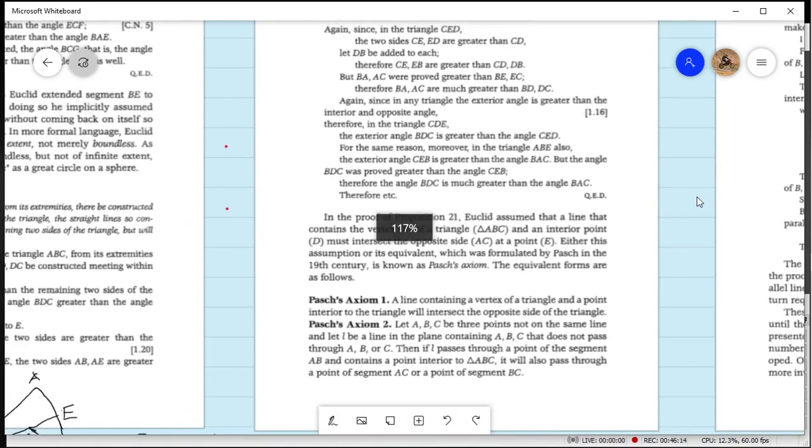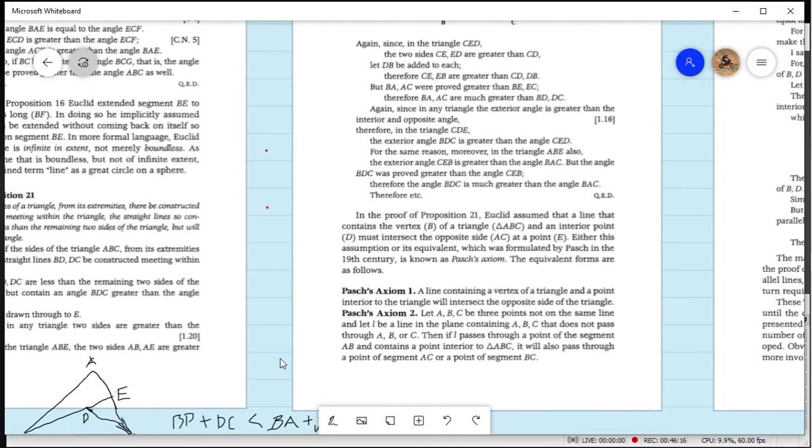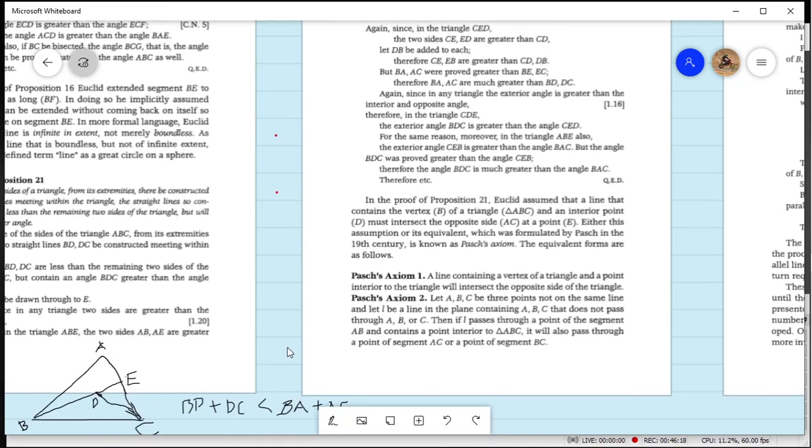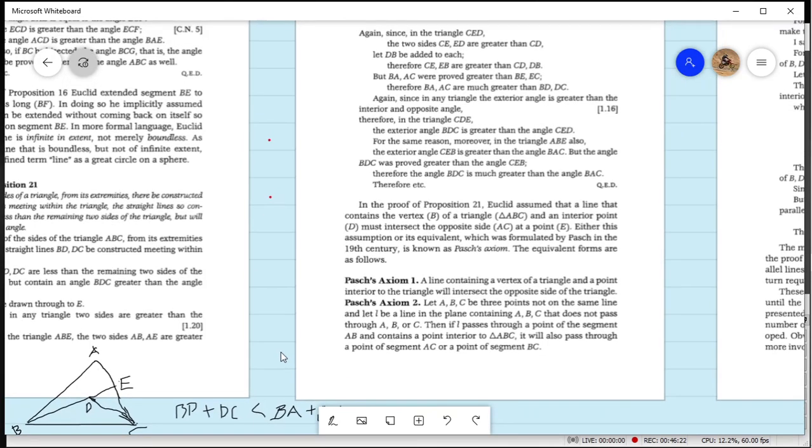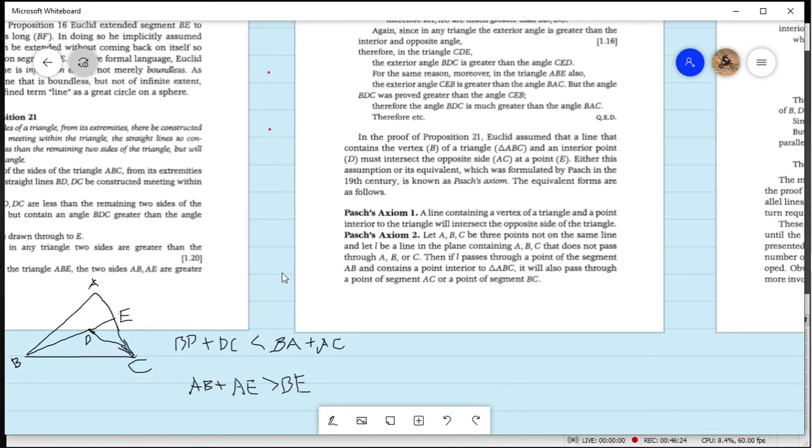Also, in triangle CED, CE plus ED is greater than CD.